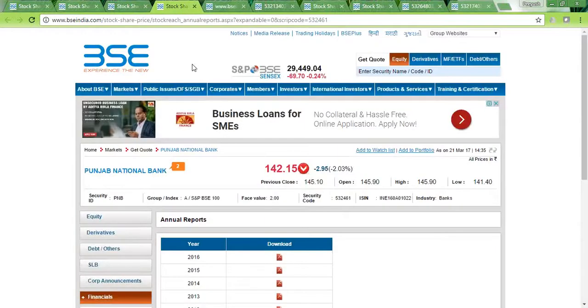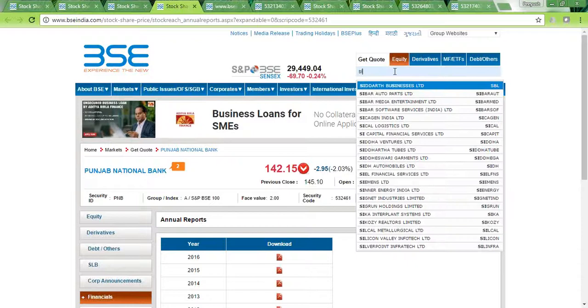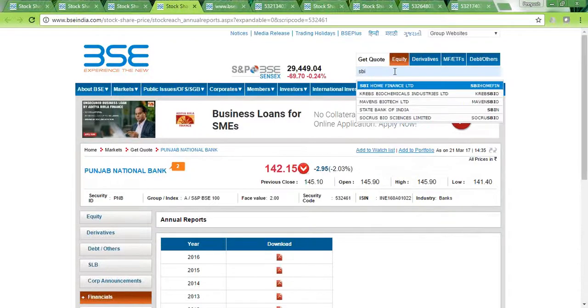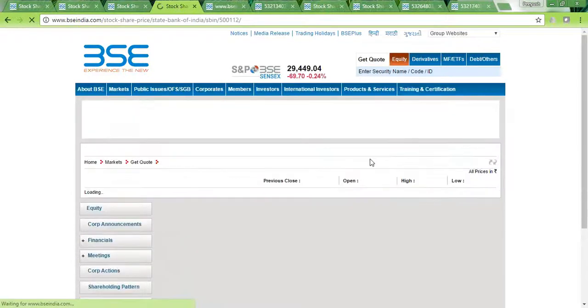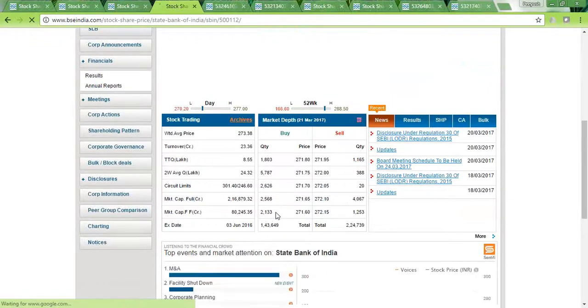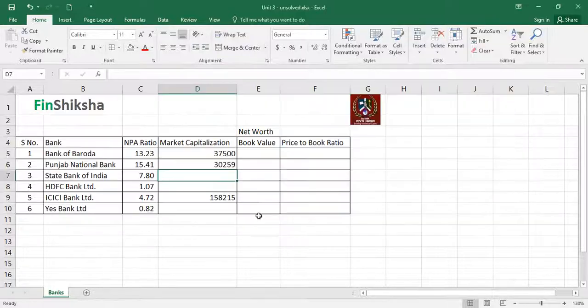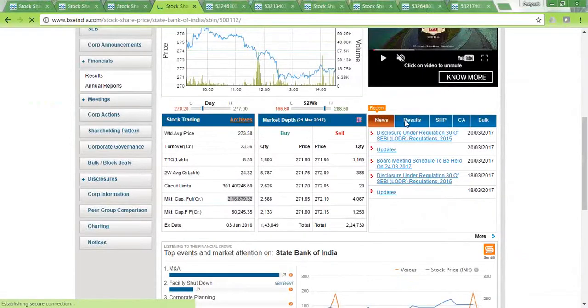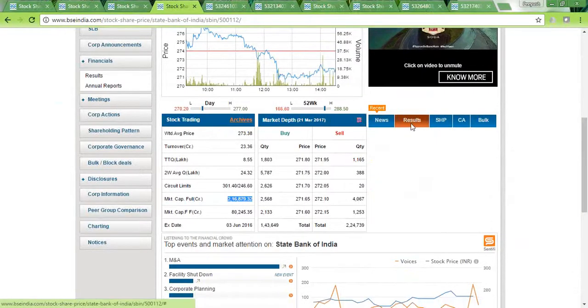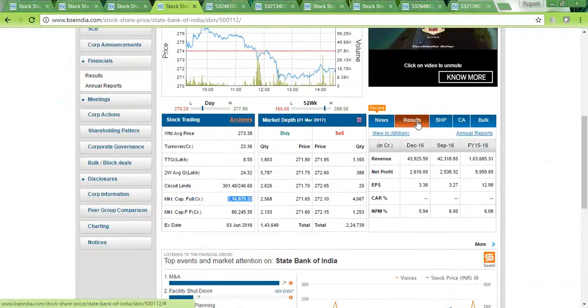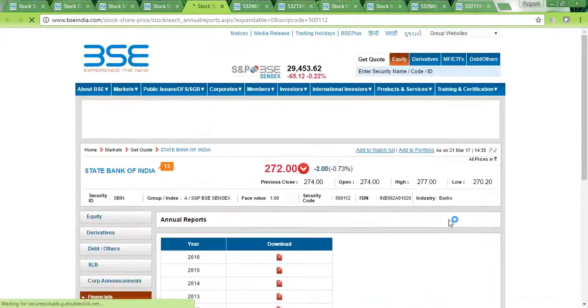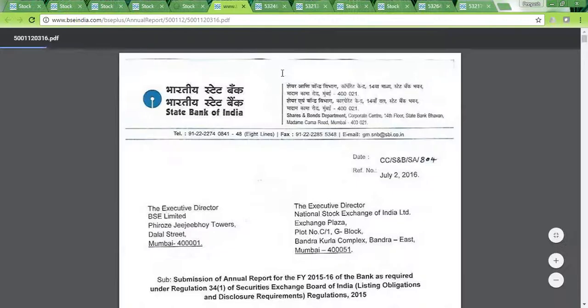For PNB, let's go back and find out what is the SBI, State Bank of India market capitalization. So that comes as around 2,16,879 crore, 216,879 crore. And then we find the annual report for SBI. So that's the annual report for SBI, right?